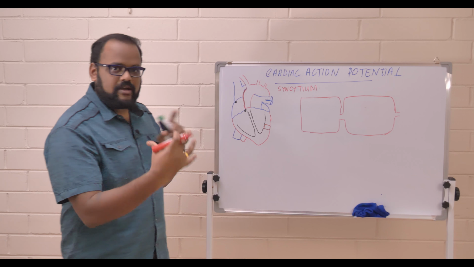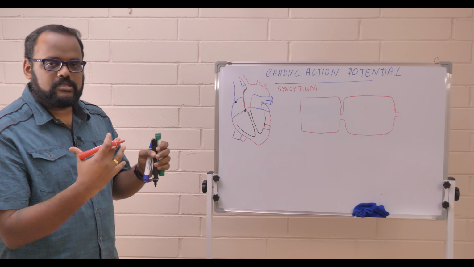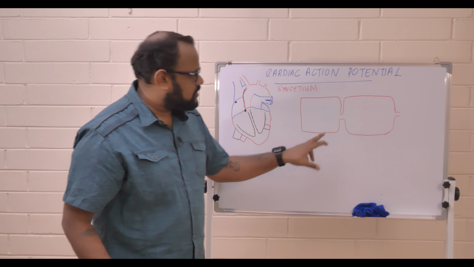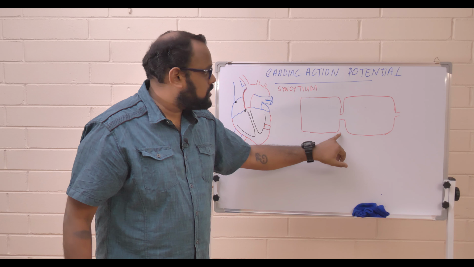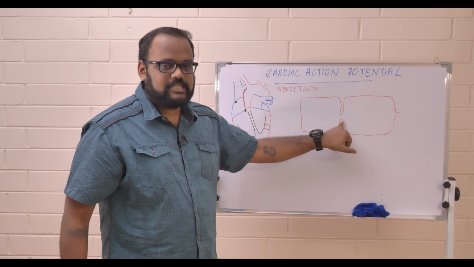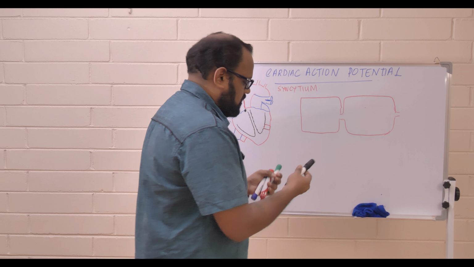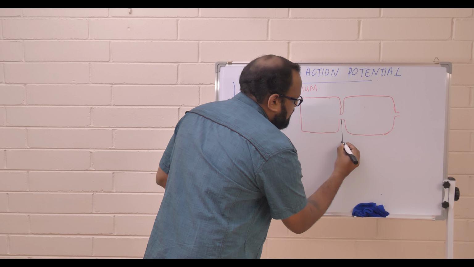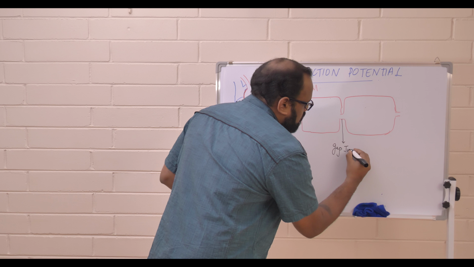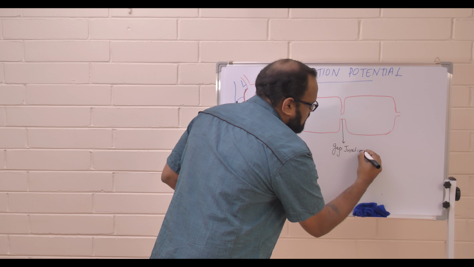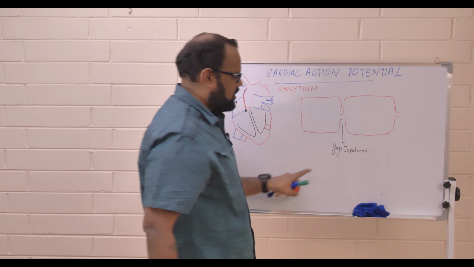That means they have communication between those two cells, and this communication between these two cells is what we call the gap junctions. So this structure, I call a gap junction. I'll tell you the relevance of this in a second.